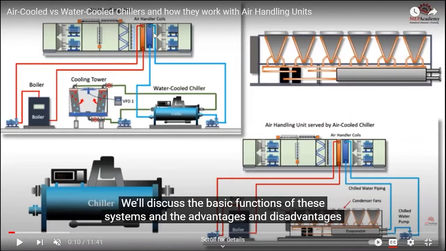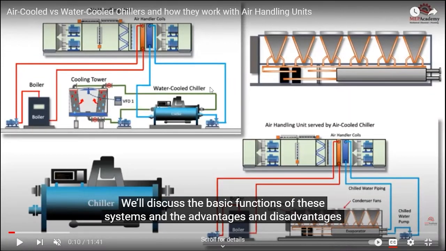The boiler works in winter, but what about in summer? In summer we need the cooling coil here, and then we have to connect this cooling coil to a chiller. Here we have a water-cooled chiller. A chiller is a heat pump, but when we name something a heat pump, it's something we can reverse the cycle on and use for heating and cooling.